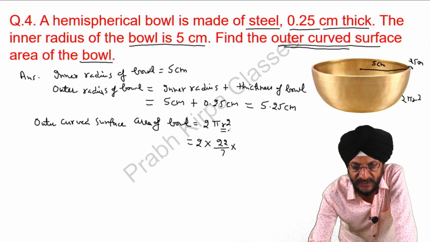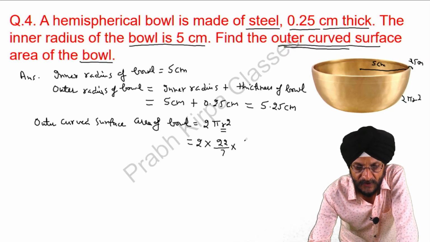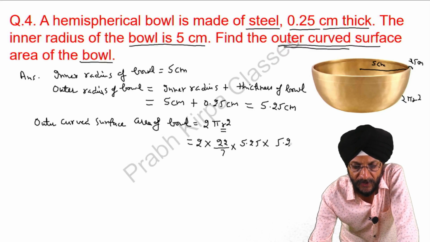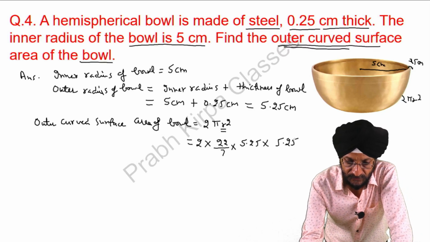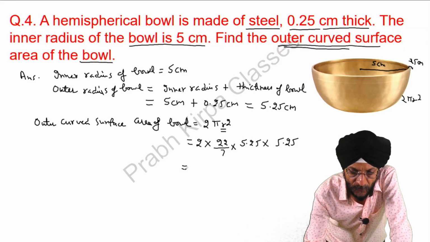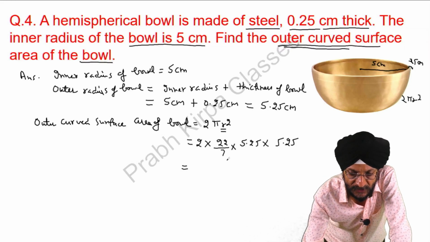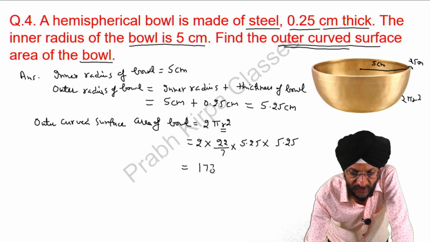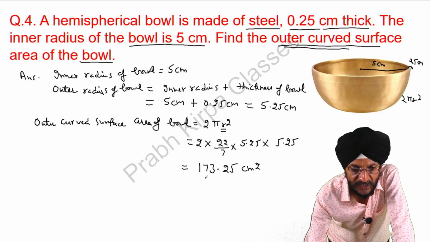Now what is the radius? It is the outer radius, 5.25. So now when we solve it, we will arrive at 173.25 square centimeter.